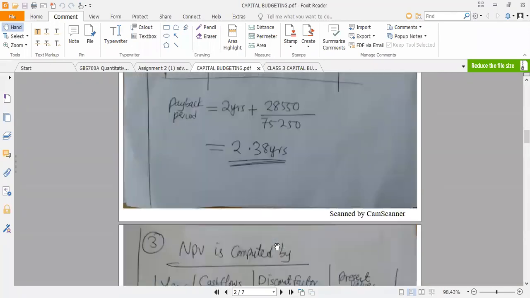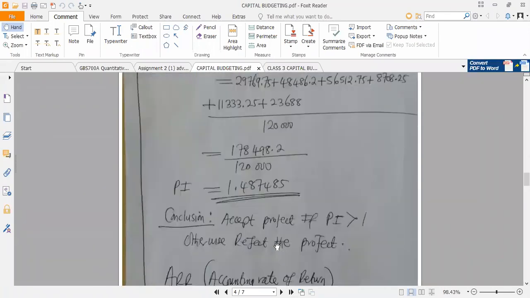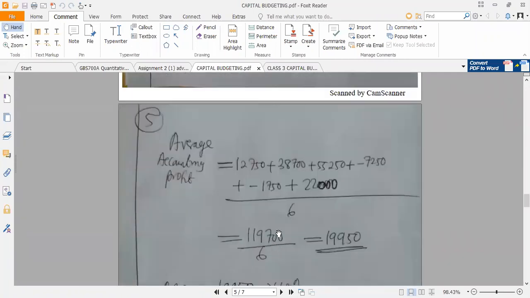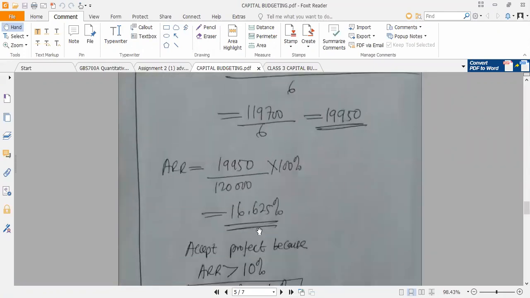So we have to add all those: 12,750 plus 38,700 plus 55,250 plus minus 7,250 plus minus 1,750 plus 22,000. So we are getting 119,700. Then we divide by 6, we are getting 19,950. So that's average accounting profit. Then you divide by initial investment of 120,000 multiplied by 100.